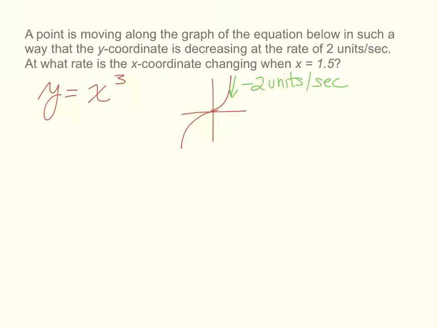And that right there, this 2 units per second, this rate, tells me that this is a related rates problem. So when we take the derivative of this equation, we need to take the derivative with respect to t.